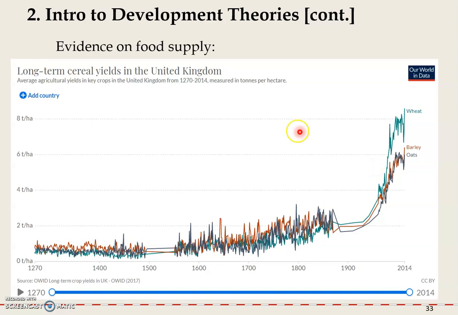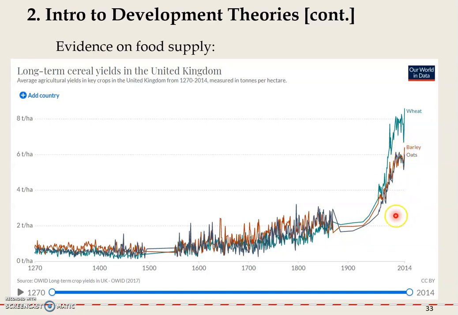Now here, what you see on the screen is the long-term cereal yields in the UK, okay? And we show you the UK because that's what Malthus actually focused upon, okay? And you find that here, along with the population explosion, the cereal output, including wheat, barley, and oats, also experienced exponential growth.